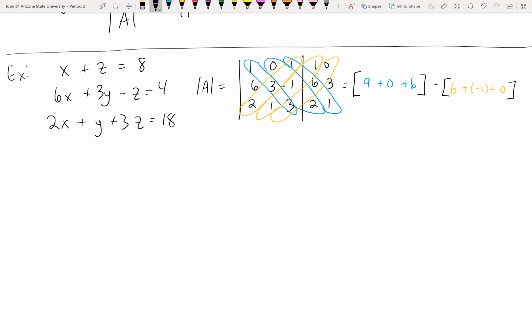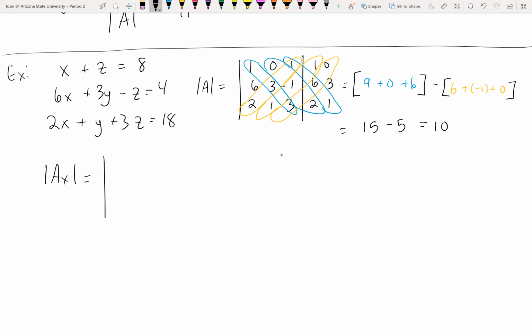Okay. So that gives us 15 minus 7, no, minus 5, excuse me, which gives us 10. Not too bad. That wasn't too horrible. Now we just got to do a sub x, a sub y, and a sub z.